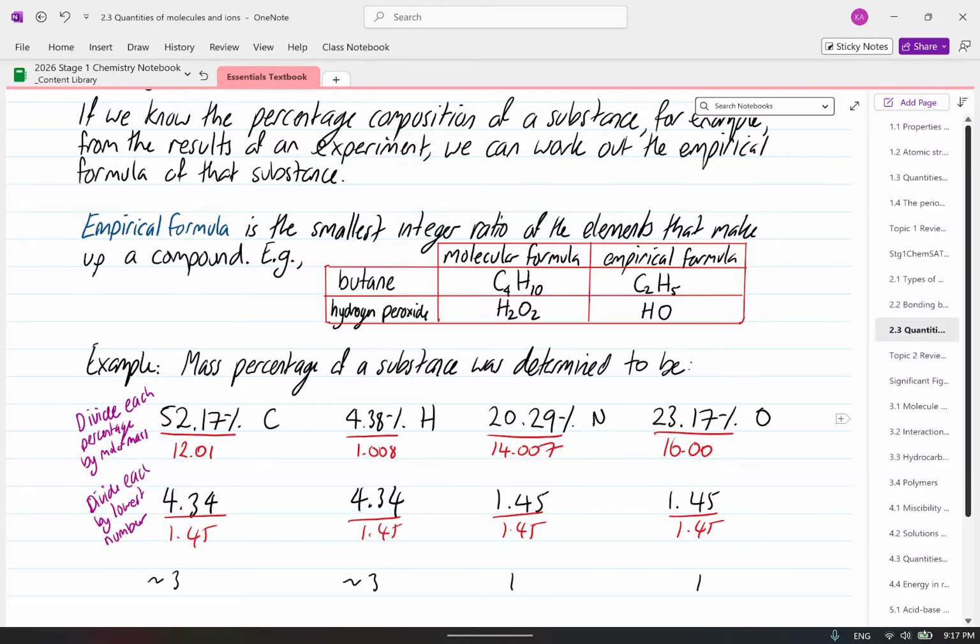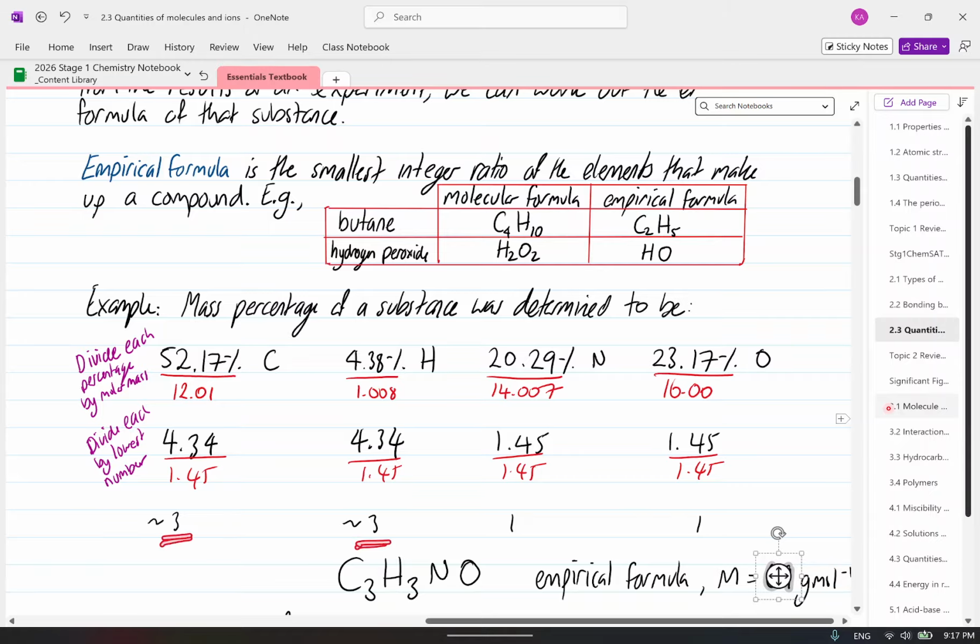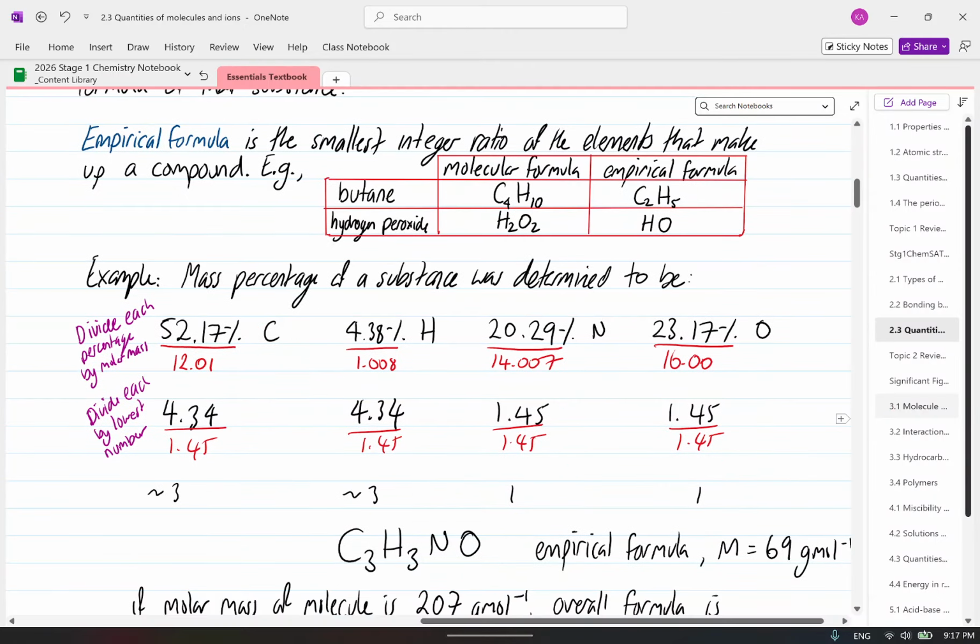Okay, so having these values here, pretty much 3, exactly 1, gives us our empirical formula of carbon with 3, hydrogen with 3, nitrogen with 1, and oxygen with 1, which we see just here. Now, the molar mass of this empirical formula is close enough to 69 grams per mole.